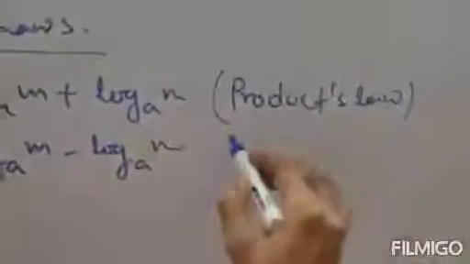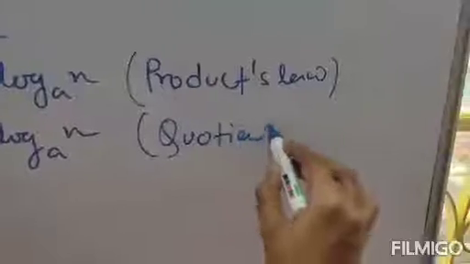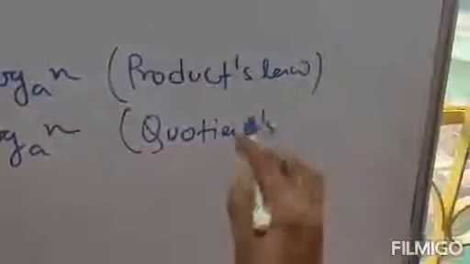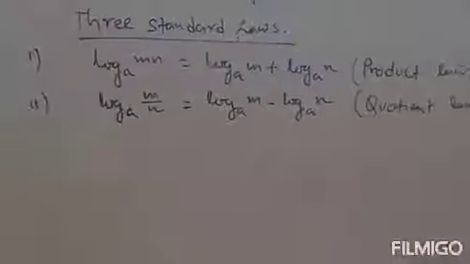Clear? This is the quotient law. So log base a m by n equals log base a m minus log base a n.